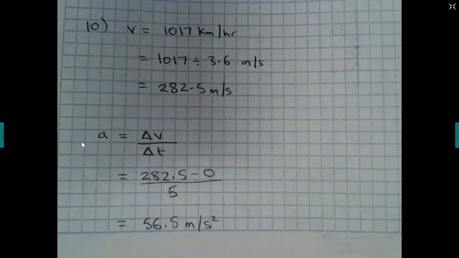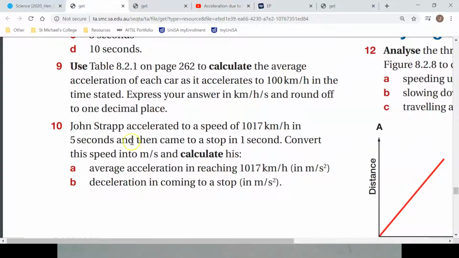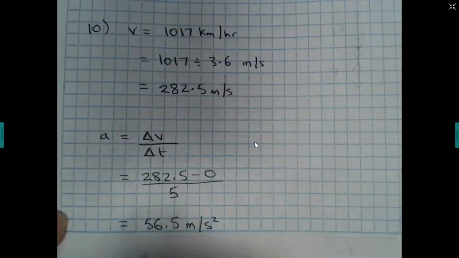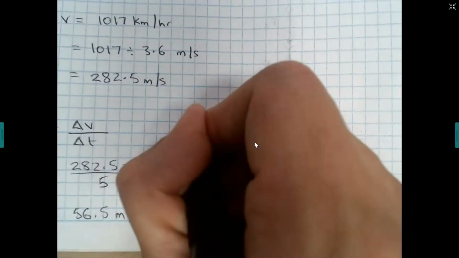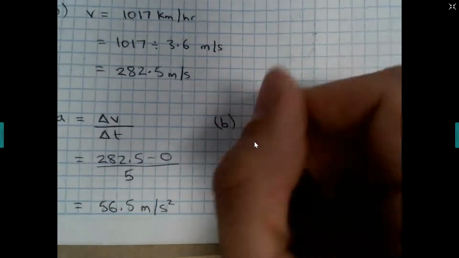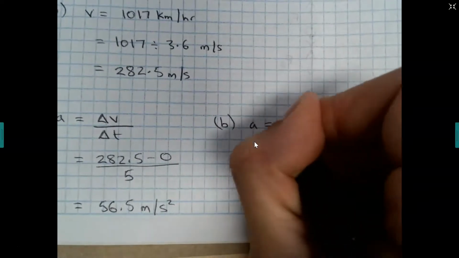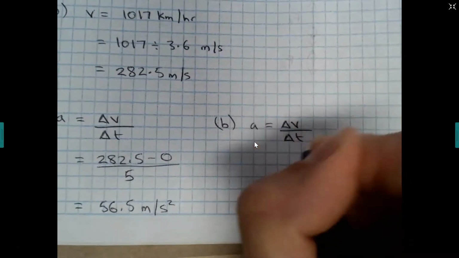Then the second bit, he comes to a halt, and he does that in 1 second. So he goes from that speed to 0 in 1 second. So this was part A, part B. Same thing, acceleration is still equal to change in velocity over change in time.